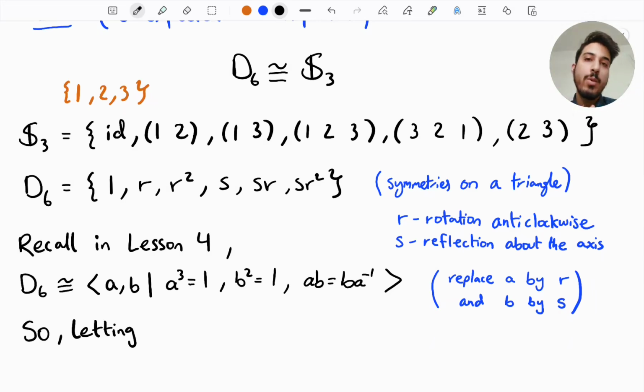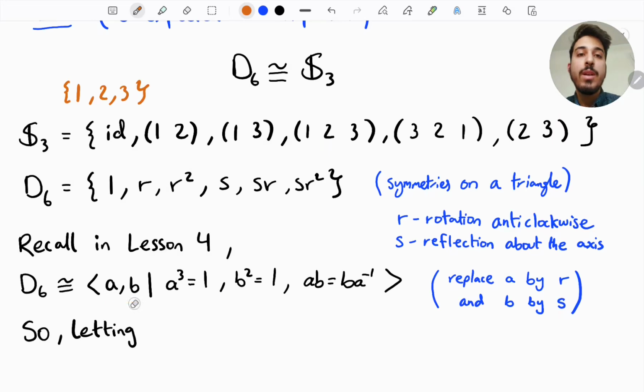So first of all, recall that in lesson 4 of this course, we have seen that the group D6 is isomorphic to a group with the following presentation. The presentation would include two elements that generate the group, which we call A and B. Now we have that A and B generate the whole group with some specific relations, such as A cubed is equal to 1, B squared is equal to 1, and AB is equal to BA inverse.